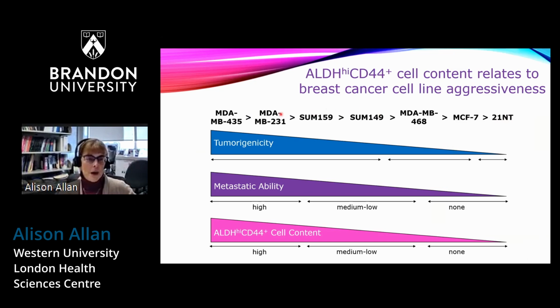That was an example of the MDA-MB-231 cells, but she repeated this in all of these different cell lines, and the pattern that we saw was that the more tumorigenic and the more metastatic the cell line, the greater the ALDH high CD44 positive content was. But regardless of the aggressiveness of the cell line, if we pull these stem-like cells out, we enhance tumorigenicity and metastatic ability.